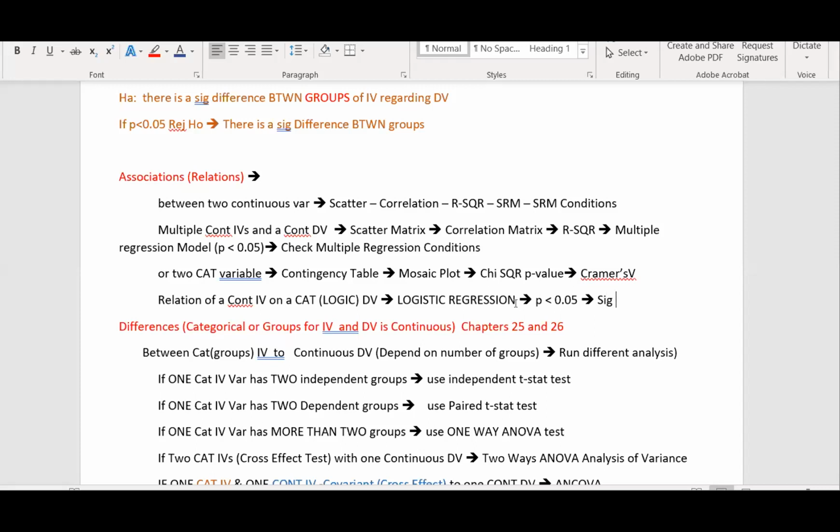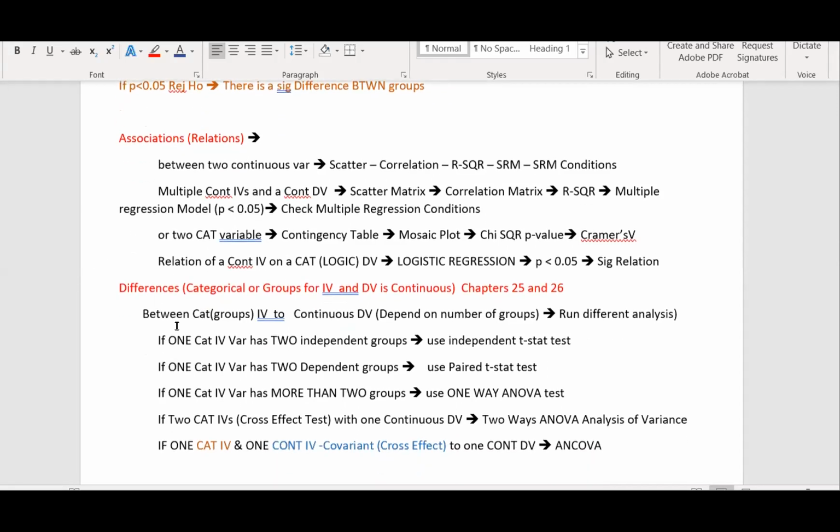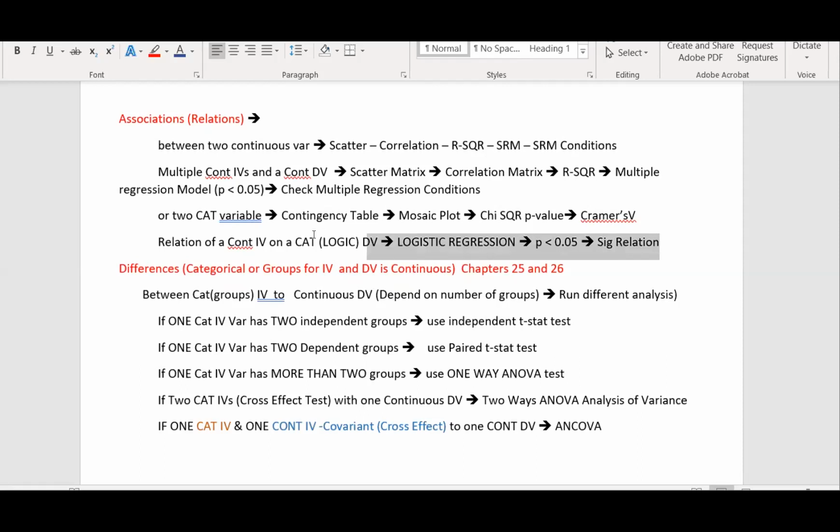Okay. So that's one. And then we have analysis for differences, and I've covered all of those in the past session. So next we want to practice logistic regression before we go forward.